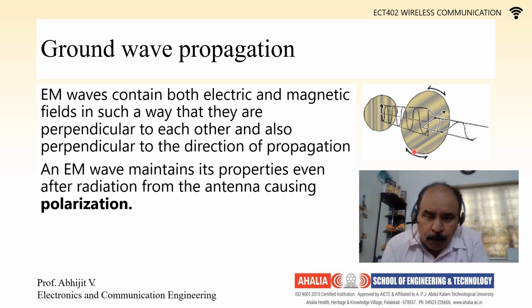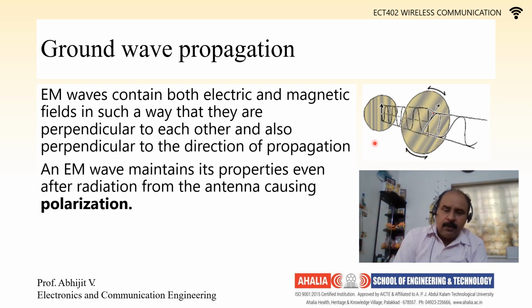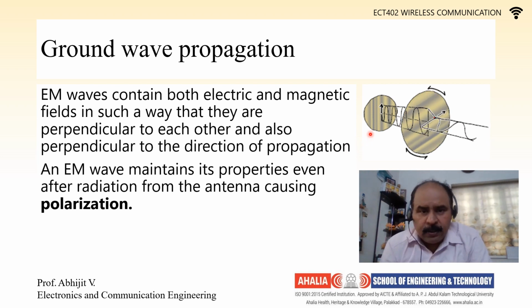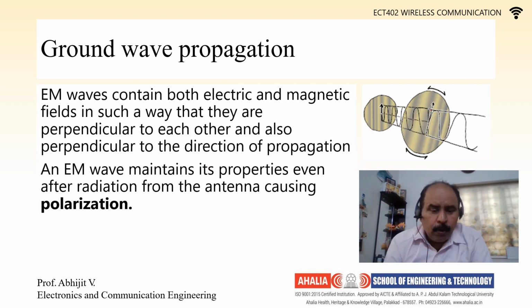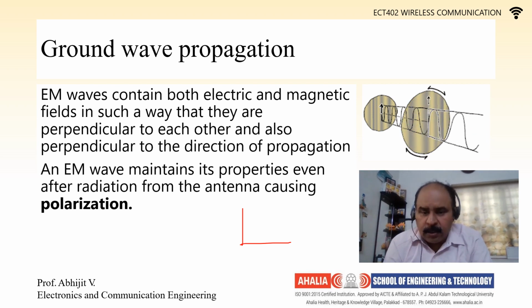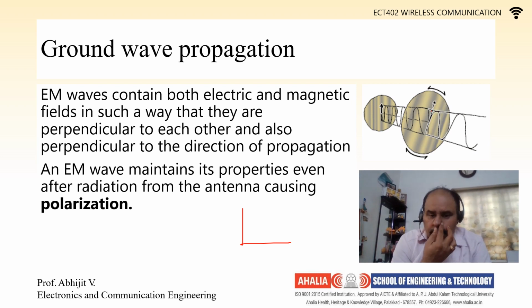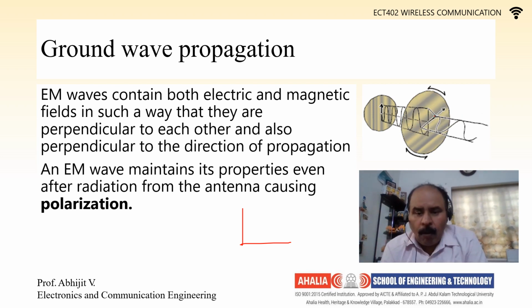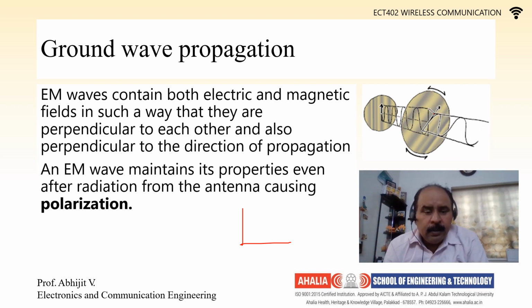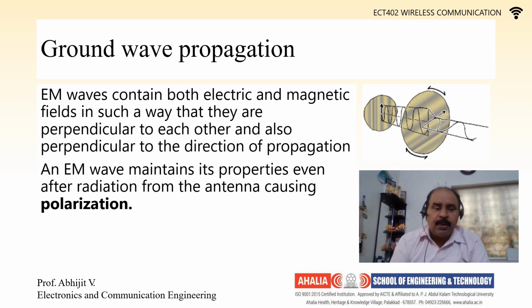Vertical polarization and horizontal polarization. We have two different types of polarization, called vertical polarization and horizontal polarization. So if the waves are traveling in this fashion, and if it is getting changed, you call it the change in polarization. Okay, this is the basics of ground wave propagation.